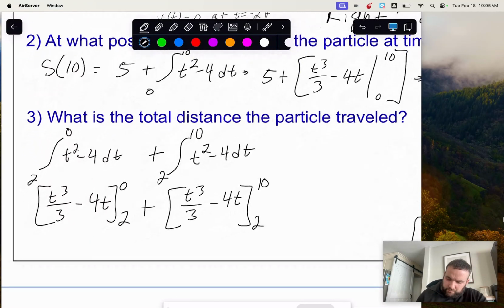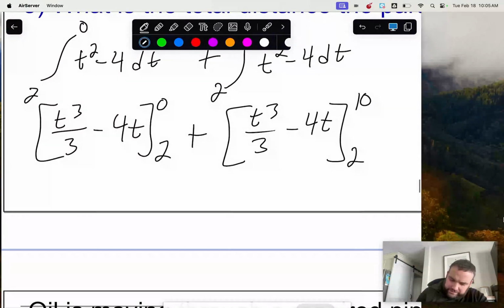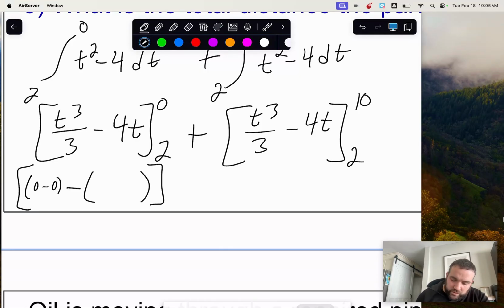Plugging in these values is going to get a little annoying, but when I plug in 0, that's convenient. I just have 0 minus 0 in my two terms. And then I always am subtracting the lower bound. Remember, this should be a negative number. So 2 cubed over 3 would be 8 thirds minus 8. 8 is the same as 24 thirds.